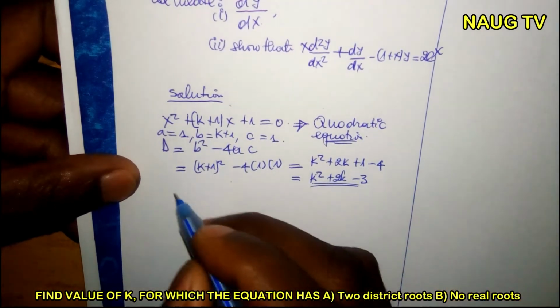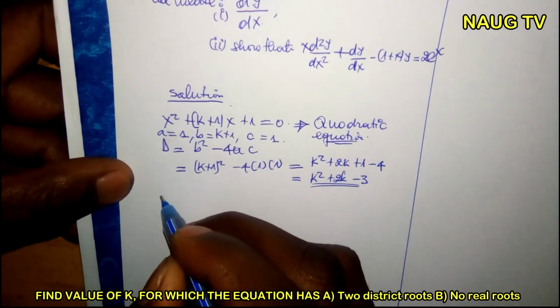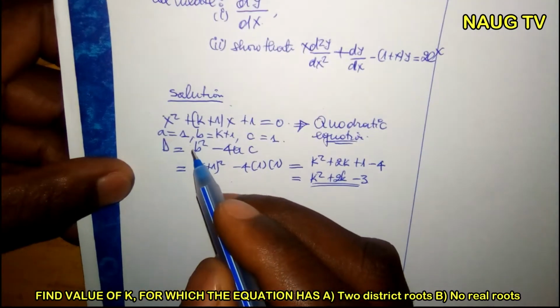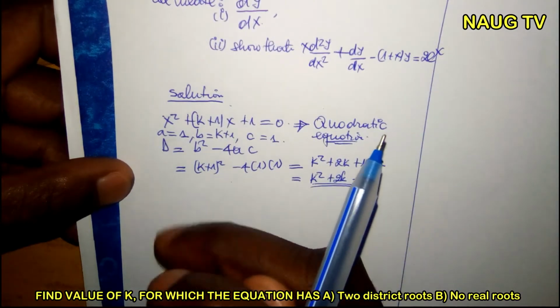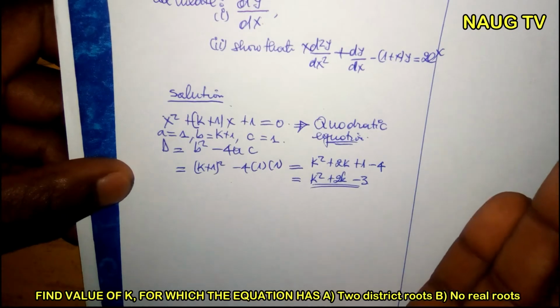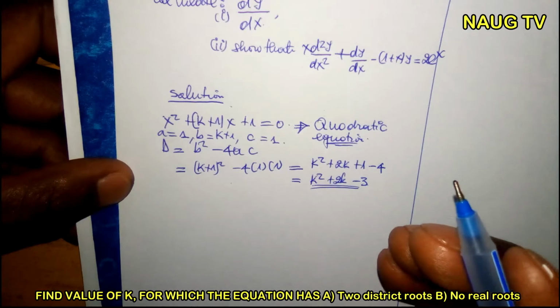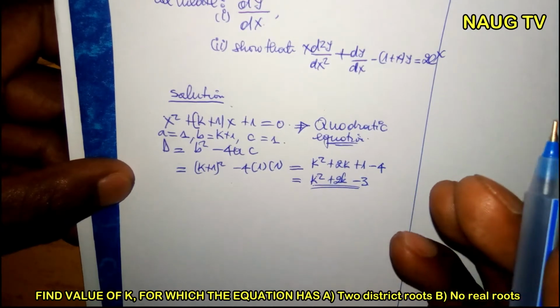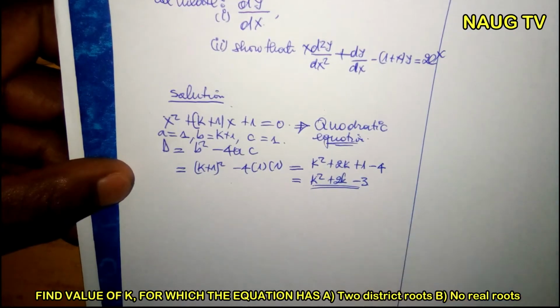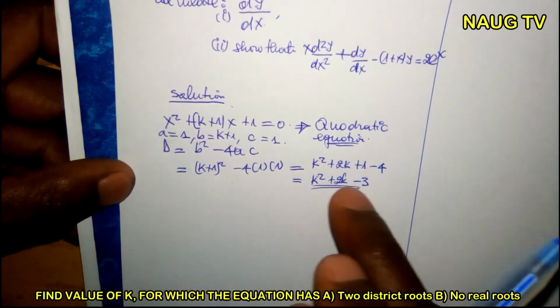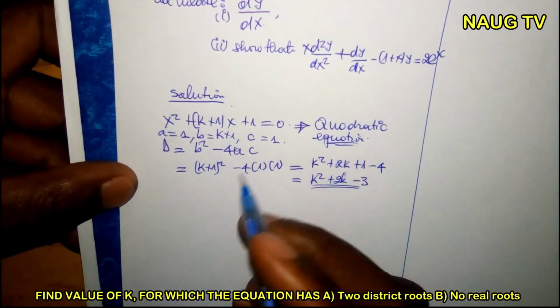So for a quadratic equation to have 2 distinct real roots, delta must be equal to or greater than 0, like this.